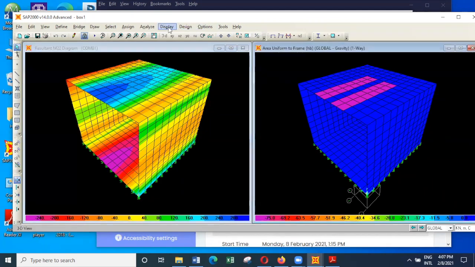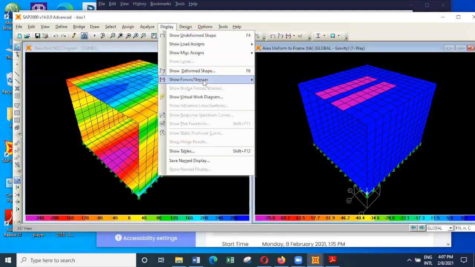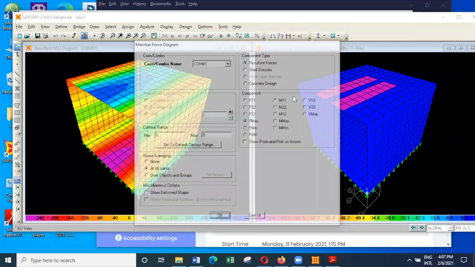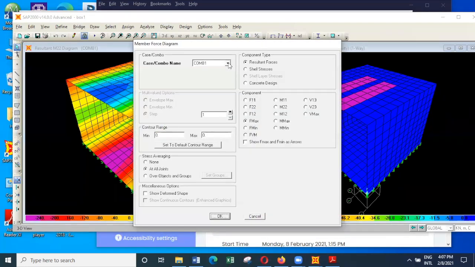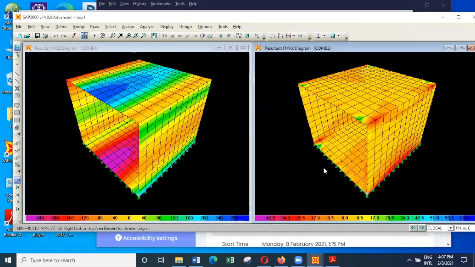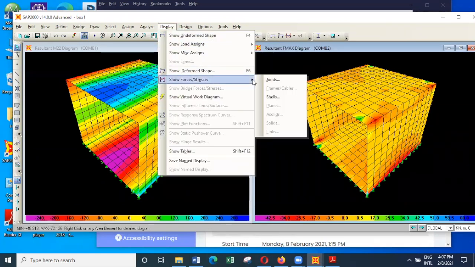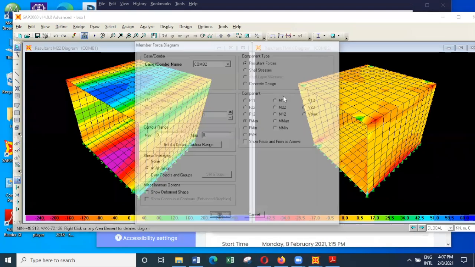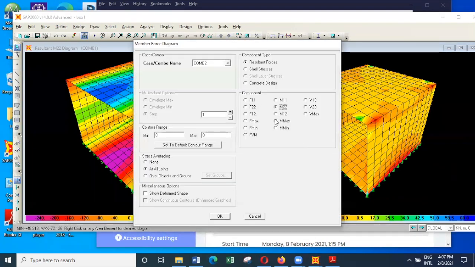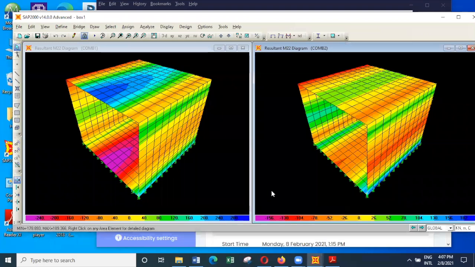And then you can consider combination 2 as well. Combination 2 is not that critical, because combination 2 is a minimum case.